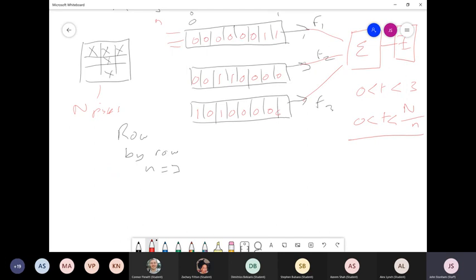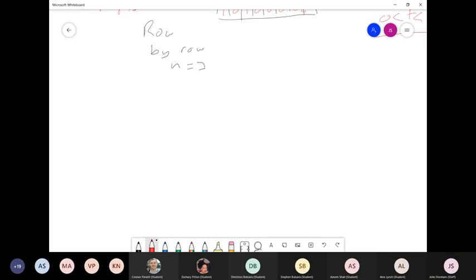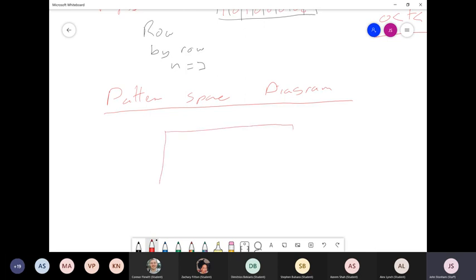So, what is happening to the behavior of this system? Pattern space diagram. Again, I'm going to try and give a set representation rather than a graph.